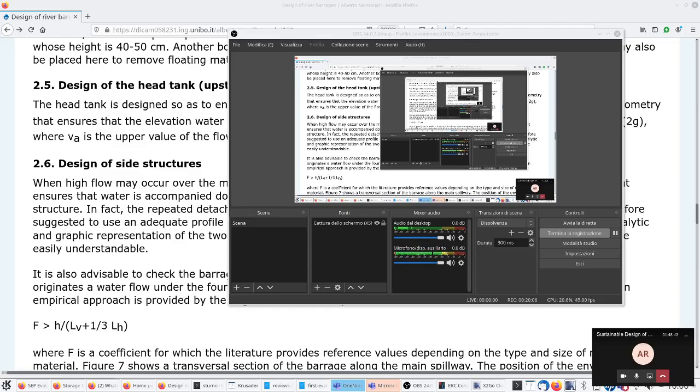Now, once you know V and T, you can compute L, because you have to make sure that L is long enough to give to the water that flows with velocity V the residence time T. Therefore L is equal to V times T. So this is your required length.